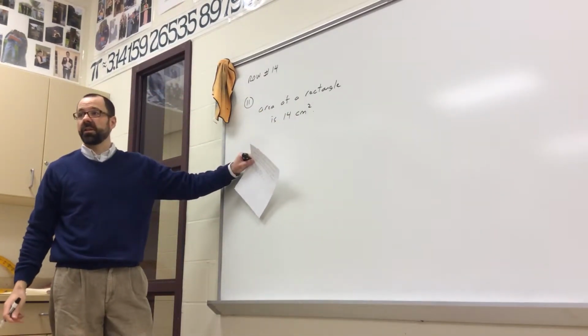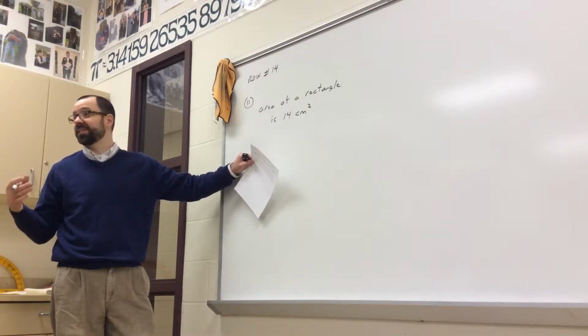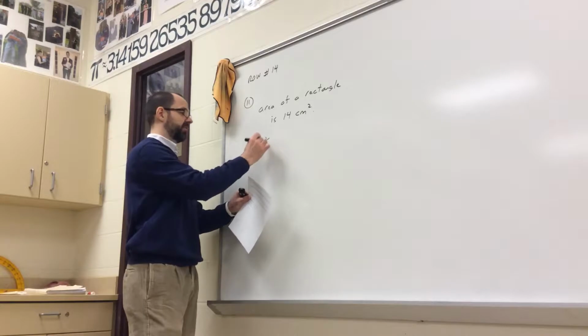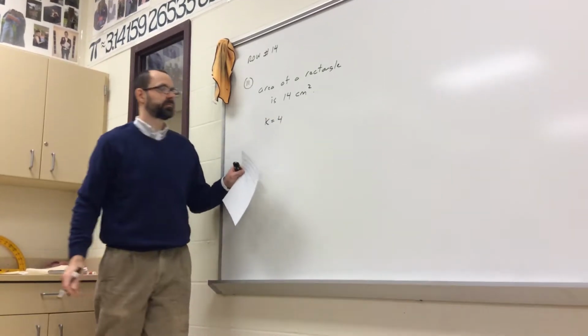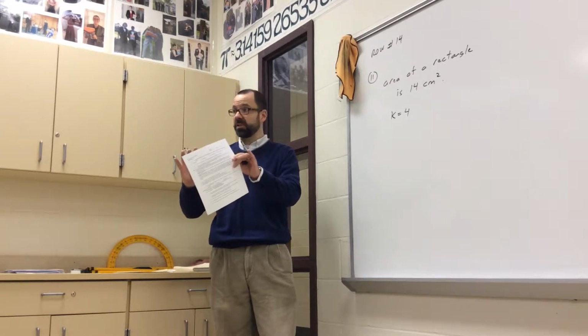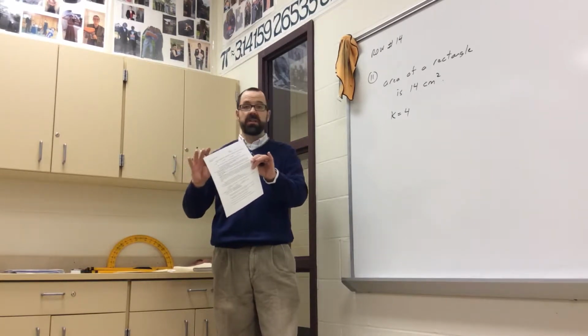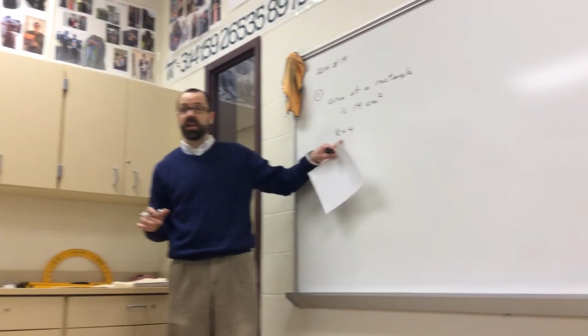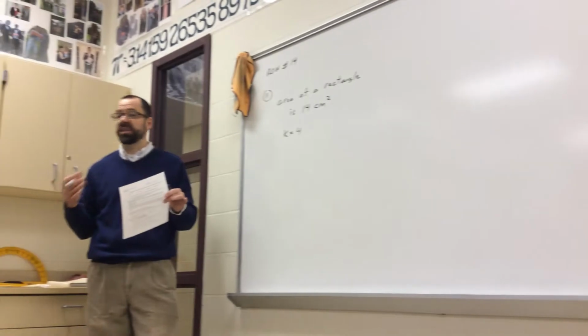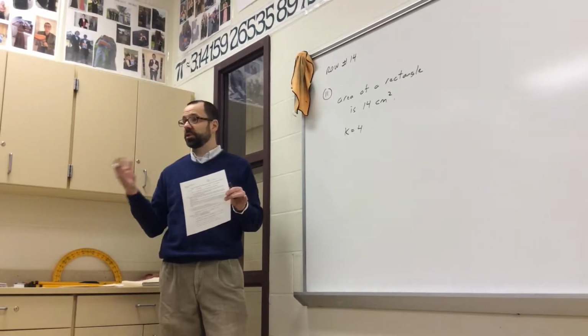And then the rectangle gets enlarged, it gets dilated by k equals 4. So there's the old rectangle, and its area is 14 square centimeters. Then that rectangle gets enlarged, scale factor 4. And the question is, what is the area of the new rectangle?